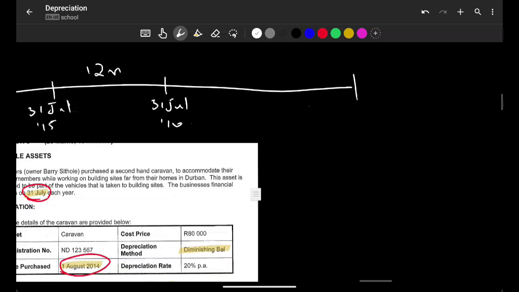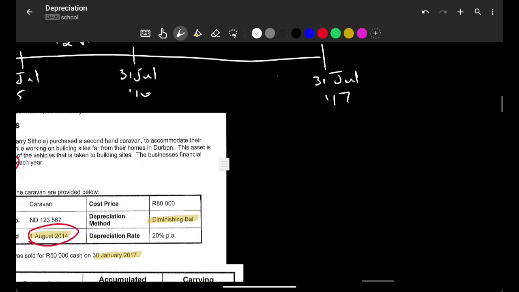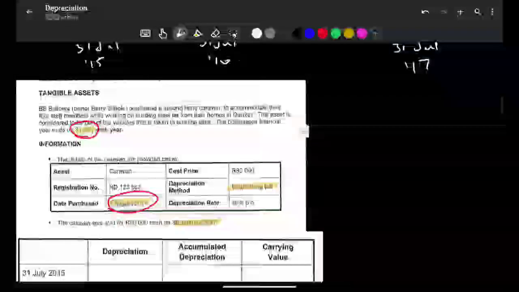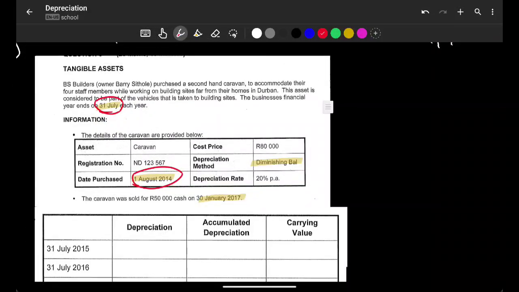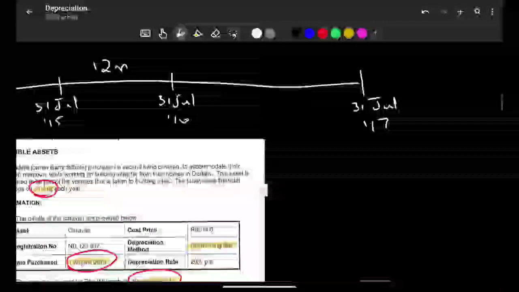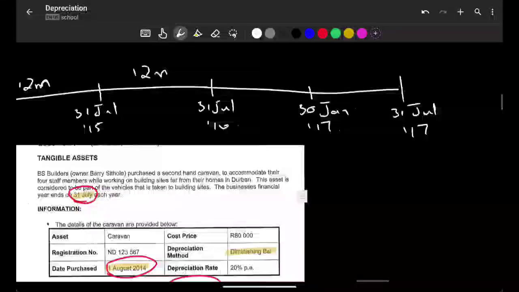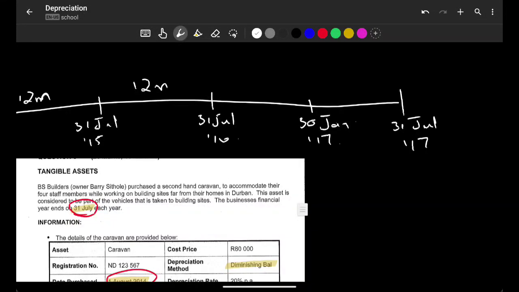Now another year goes by, and that is 31st July 2017, right? But this asset does not stay for the full year. It stays only up until the 30th of January 2017. So from there till there is 6 months.